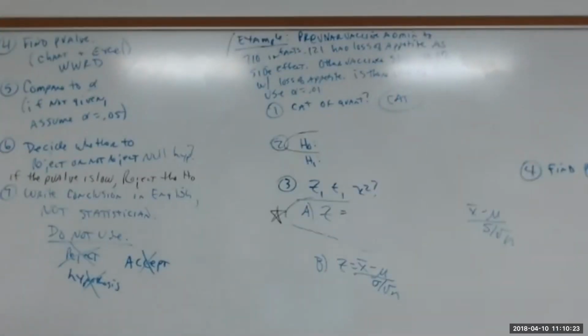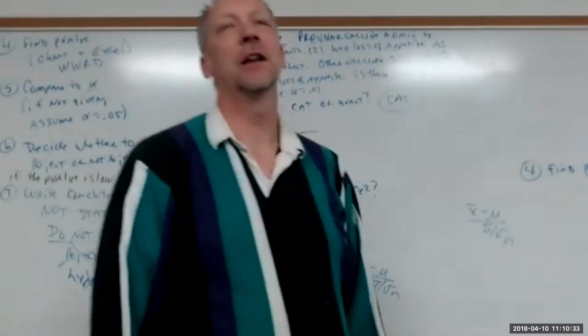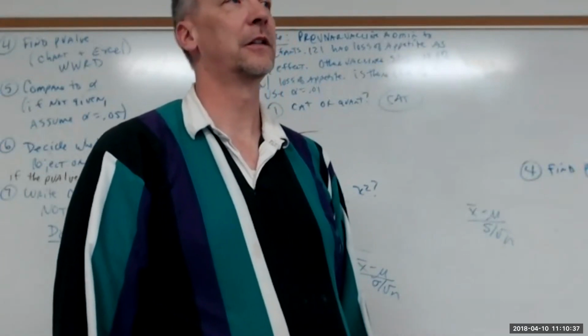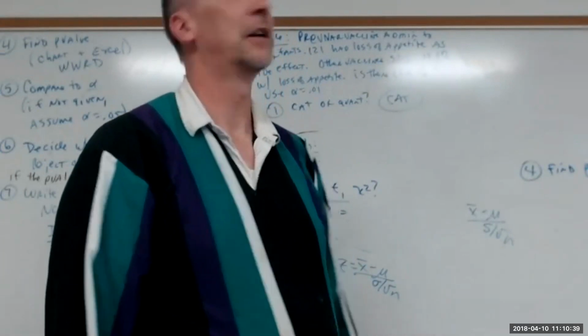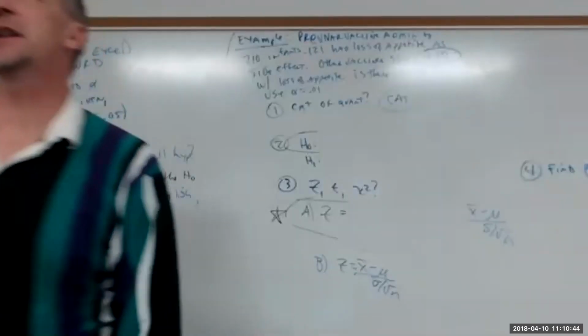What are the categories? How do you know this is categorical? They either have a loss of appetite or they do not. What's a good key giveaway that this is categorical? This percentage. Now, is percentage always correct?